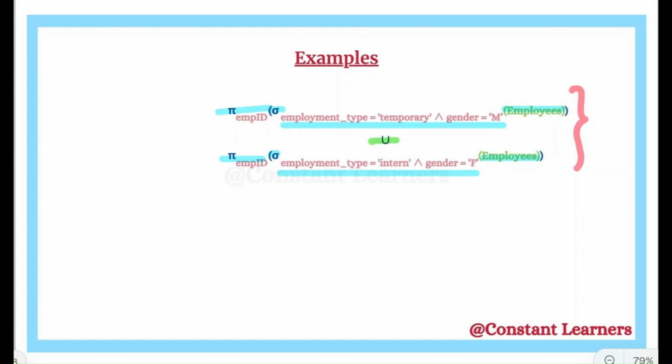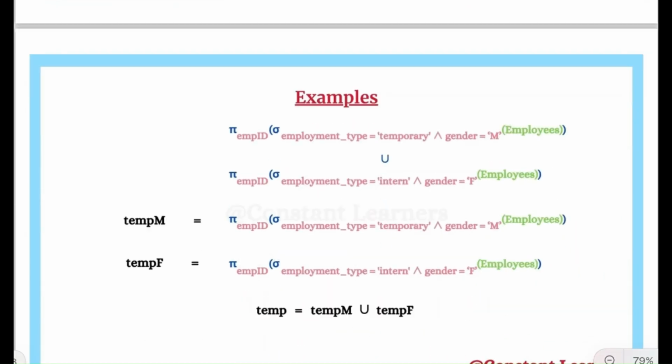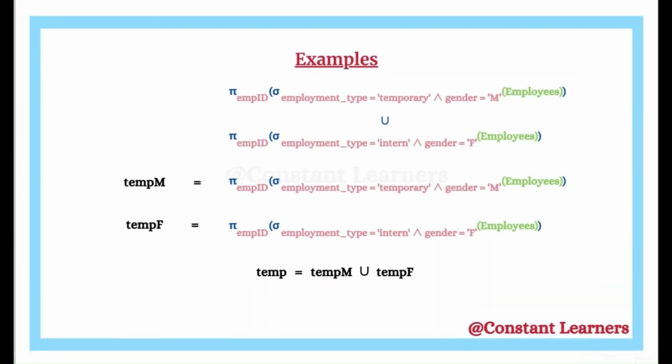Now, instead of writing such a huge query, we can assign parts of this query to a temporary relation or a temporary relational variable. For example, here we are assigning the first part of the query, that is this one, to a variable temp m. So this is a temporary relation, that is temp m. And this part of the query is being assigned to temporary relational variable, that is temp f, right?